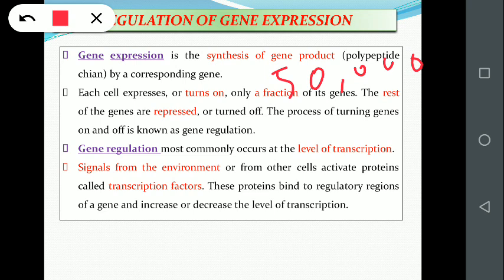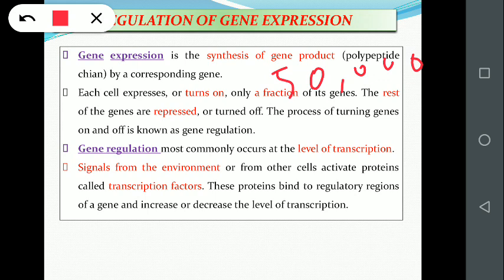If transcription is switched off, then what happens? Translation will also be switched off because there is no mRNA product. So that is why it should be regulated at the first stage itself. Most of the regulation takes place at the transcription level.